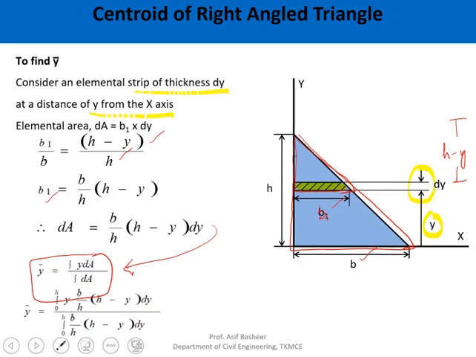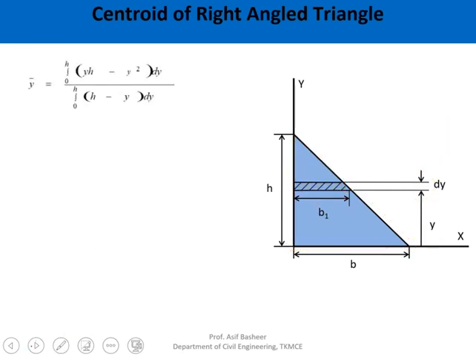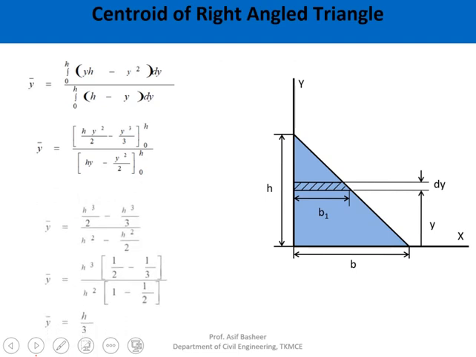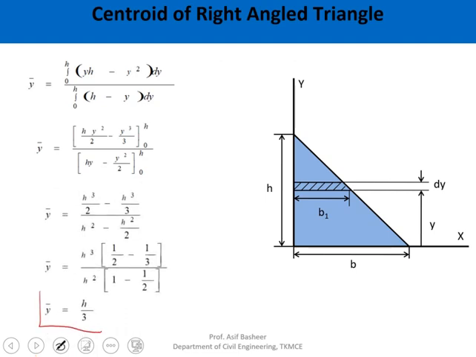So the limit of the integration will be 0 to h. Substituting back, you will get the value for y bar as h by 3. That is, for this right angle triangle, the centroidal distance y bar is at a distance of h by 3 from the x-axis.